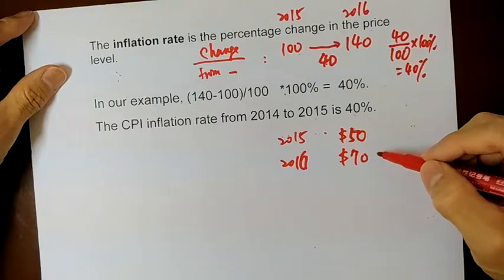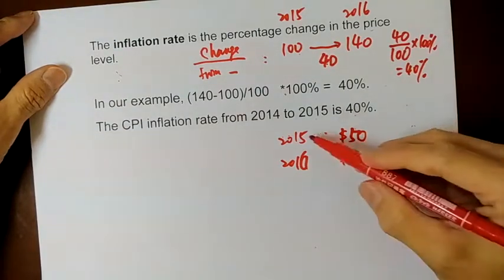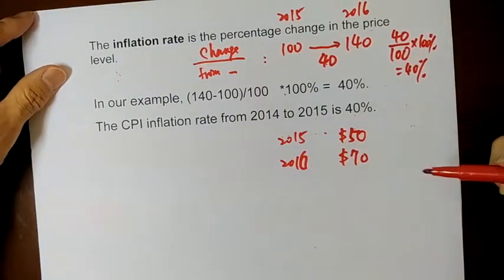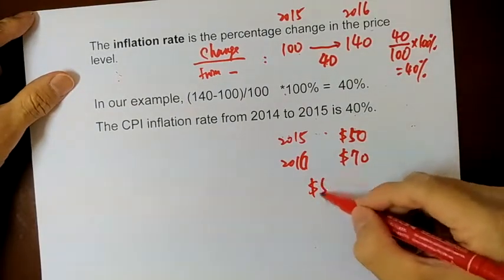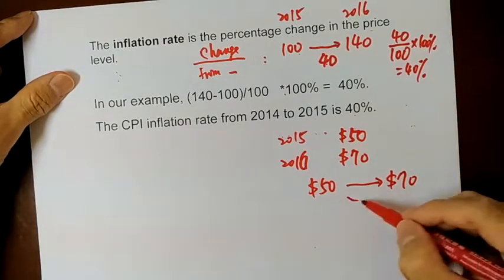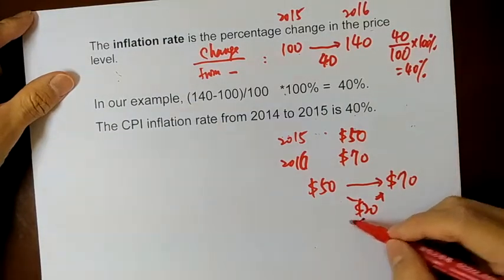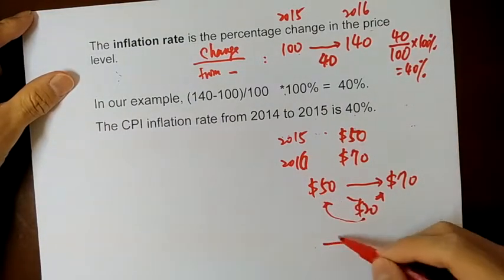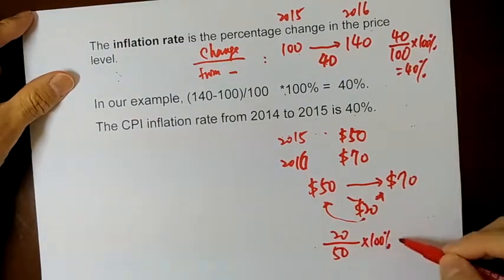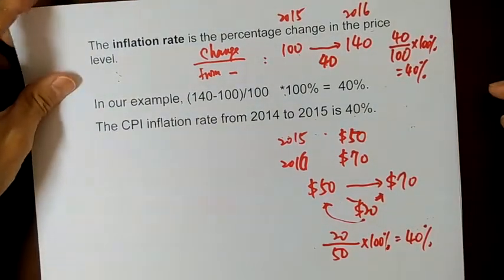Then how much more expensive is this basket of goods from 2015 to 2016? The price goes from $50 to $70. How much is the change? The answer is $20. Change from what? Change from 50. Therefore, the percentage change is 40%. Same thing.